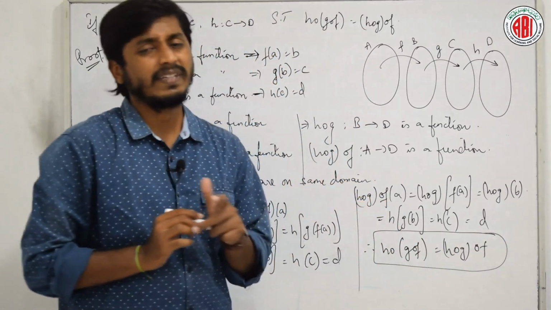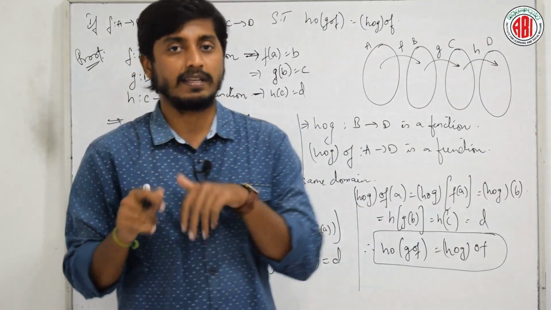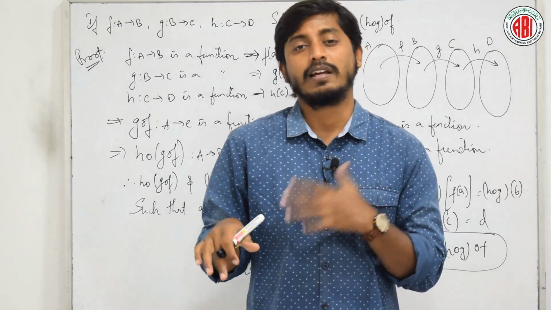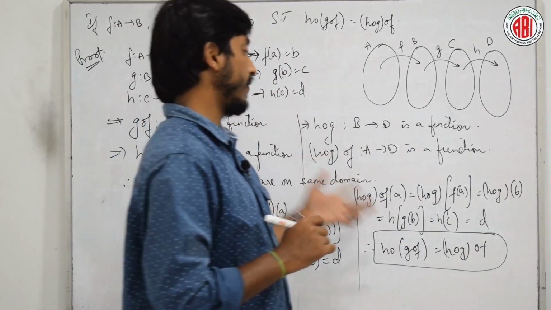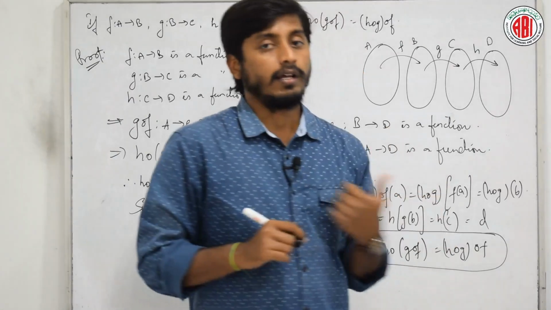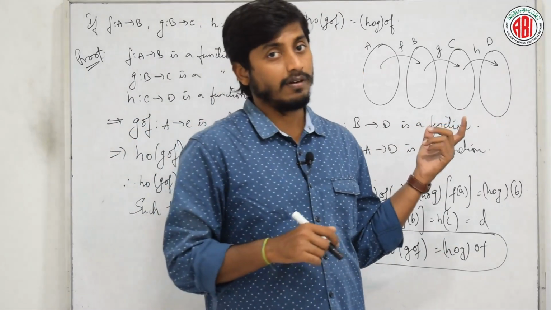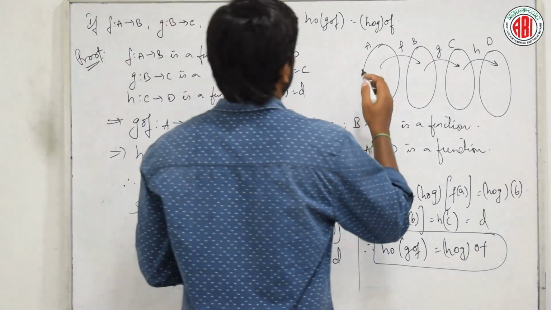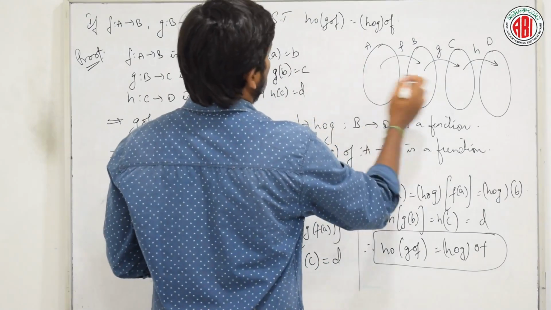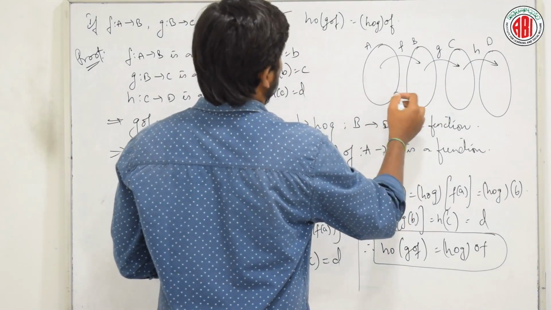Clear? That is similar to your normal addition: a plus b plus c is equal to a plus b plus c. Here also the composite function is associative. Clear? Is it easy to solve? Now tell me, from where does h circle g circle f go? G circle f goes from A to C, right?